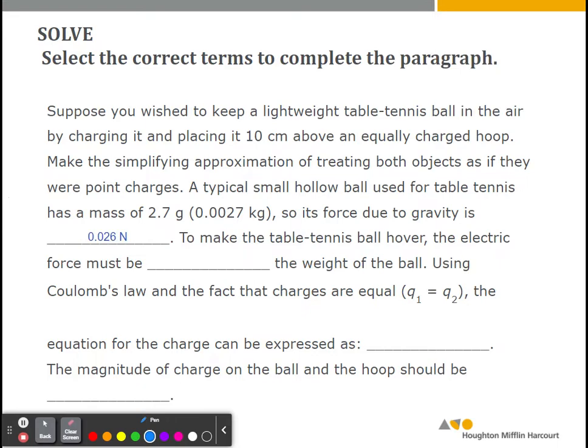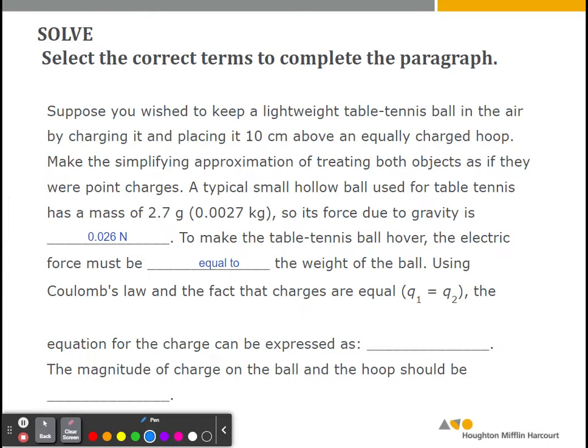Its force due to gravity is 0.026 newtons because 0.0027 kilograms times 9.8 meters per second squared comes out to 0.026 newtons. That's its weight. So the Earth is pulling the ball down with a force of 0.026 newtons. To make the table tennis ball hover, the electric force must be equal to the weight of the ball and in the opposite direction.